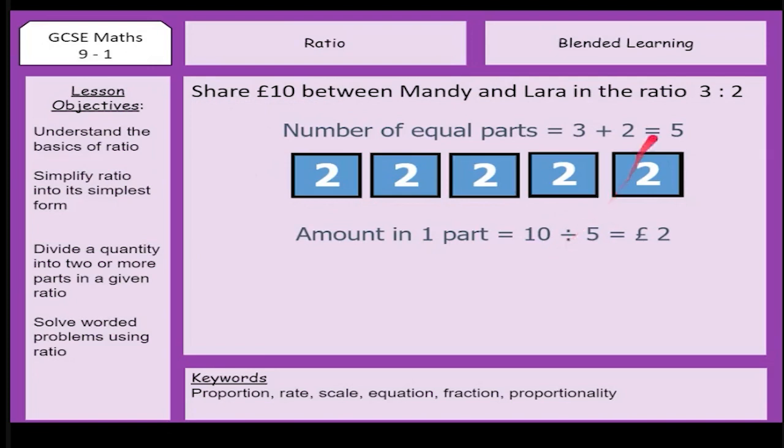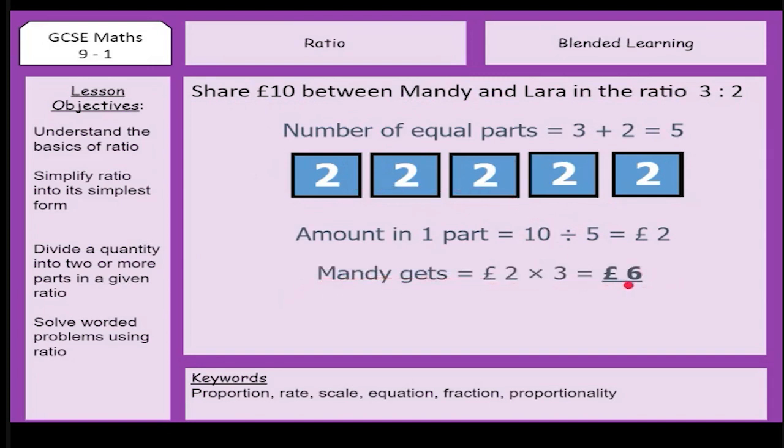Now remember, we can now go back to what the ratio was. 3 to 2. Mandy gets 3 parts. Lara gets 2 parts. So Mandy gets 3 parts. So that's 3 multiplied by 2. 1, 2, 3, which equals 6.